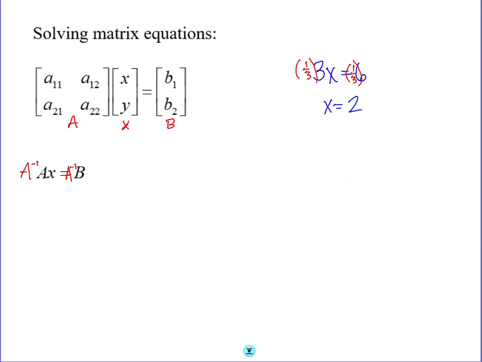A inverse times A will give us the identity matrix. So we have Ix equals A inverse B, and the identity matrix times x is just x equals A inverse times B. So in general, we are going to left multiply by A inverse, and that will solve the matrix equation for us. So let's look at an example.